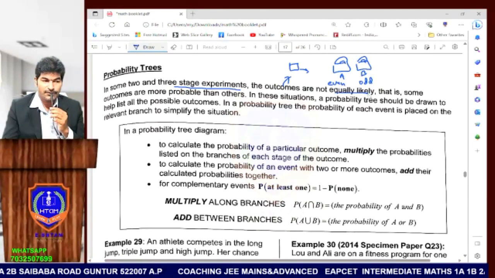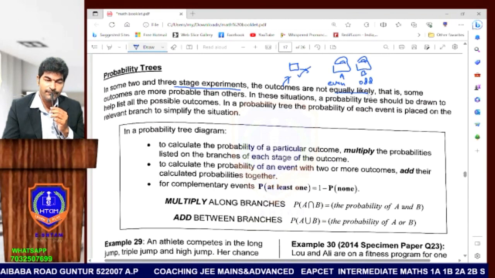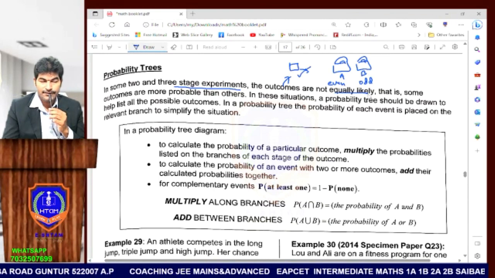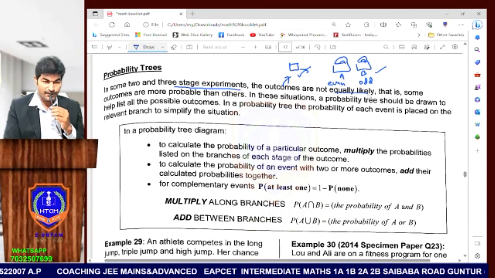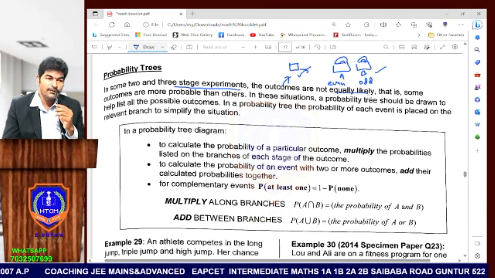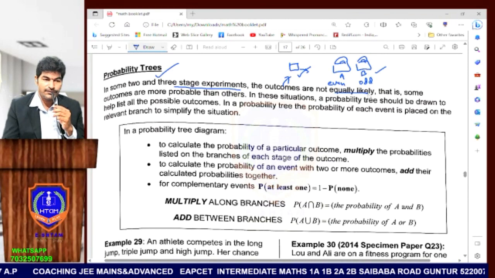These are 2 stages, because in the first stage you are rolling a die, and in the second stage you are selecting a bag according to the number that occurred on the die. These are the 2 stage experiments, and we are also discussing 3 stage experiments. Those are called probability trees.